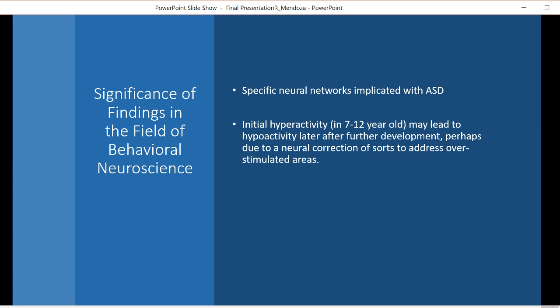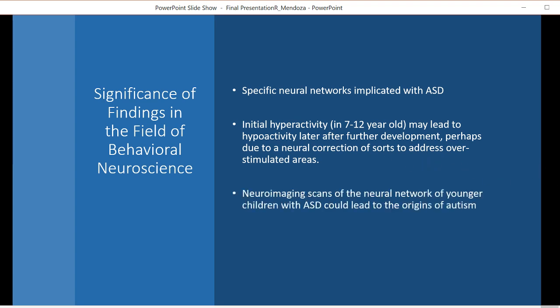And later on in life, it leads to hypoactivity. This may be due to a neural correction of sorts to address overly stimulated areas in previous development.